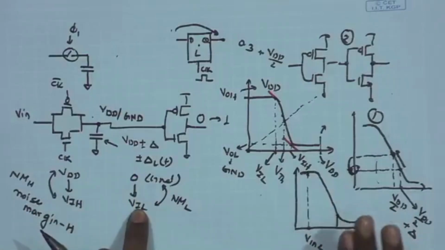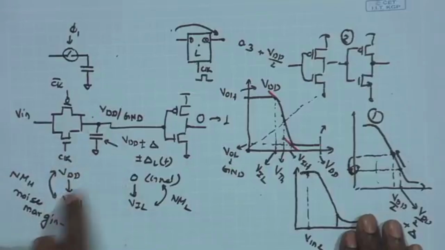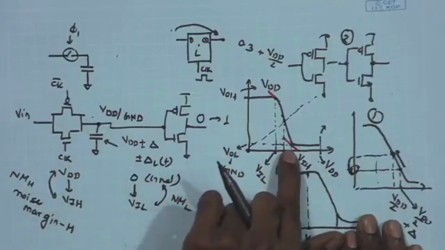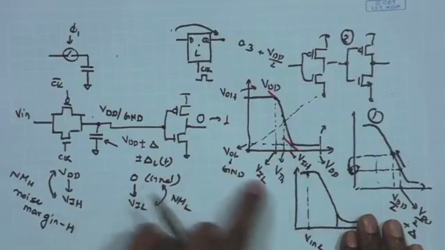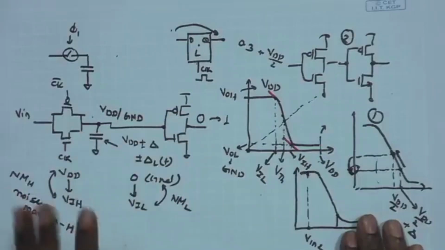This can still be regarded as logic low. Likewise, starting from VDD, if it reduces all the way to VIH because of some reasons, still the subsequent logic gate will be treating this as logic high.